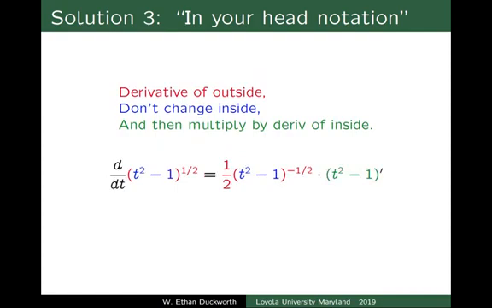So times t squared minus 1 prime, meaning I haven't taken that derivative yet, but I will on the next step. Okay, the next step is that part becomes 2t, and that's my final answer, 1/2 t squared minus 1 to the negative 1/2 times 2t. Pick whichever version you like, but I hope that at least this colored version does show you a little more clearly the different parts of the formula and what happens to them.